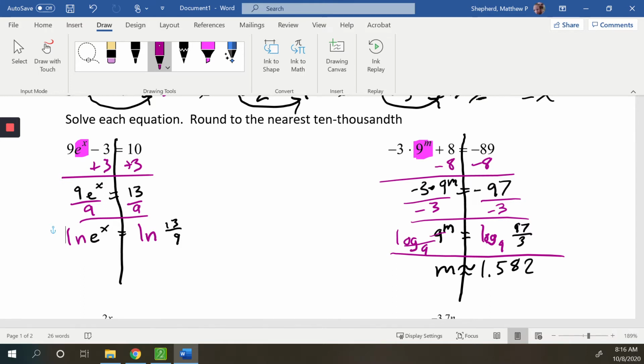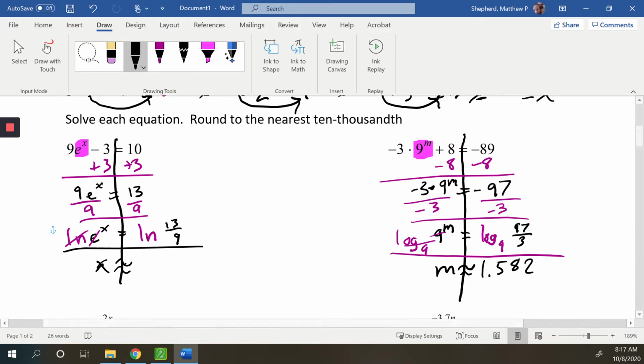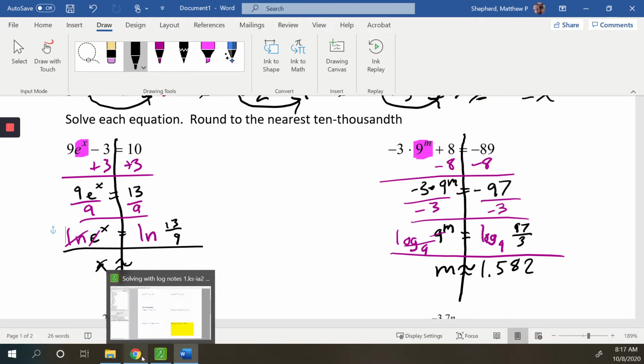Because this is log with a base e, and that's an exponent with a base e, those will eliminate, leaving us with x is equal to the ln of 13/9. And now let's go ahead and we'll use our calculator to figure out what that is.